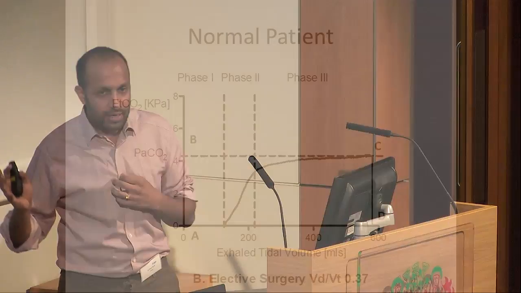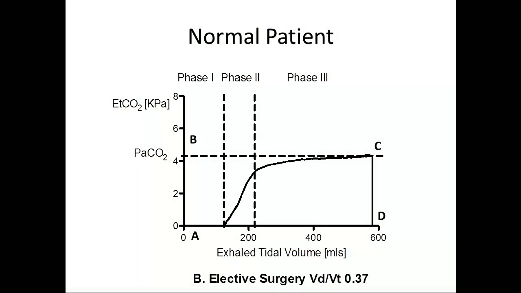Now, the area that's shaded here, area X, represents the portion of that volume that's participating in gas exchange. That's alveolar ventilation. And quite simply, the rest of it is physiological dead space. So that makes it quite easy in some ways to visually interpret what our physiological dead space is. So going back to our patient who was undergoing elective surgery, we plot the arterial PCO2, and we've got our areas A, B, C, and D.